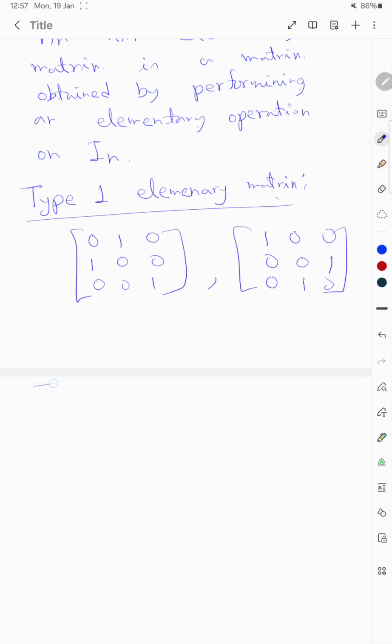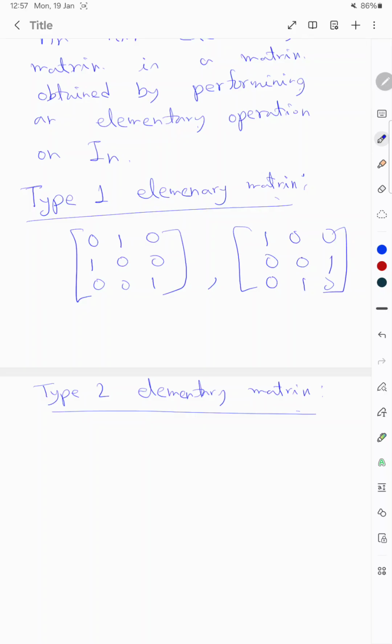Next, type 2. What is type 2? Multiplying any row or column by some non-zero scalar.